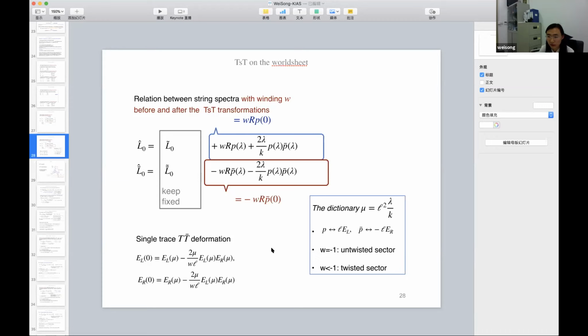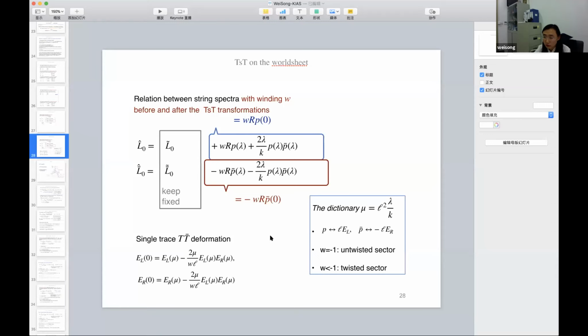Okay, any other question? Can you generalize this to the supersymmetric case? Before the deformation, the theory has supersymmetry, but in general, TTbar deformation will break supersymmetries. For the double trace or single trace, both of them usually break the supersymmetry.